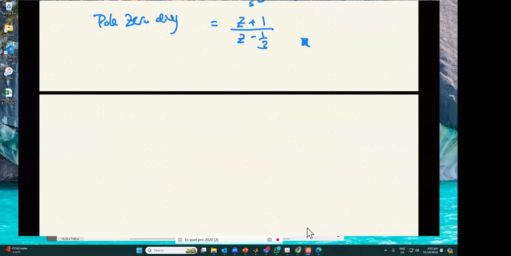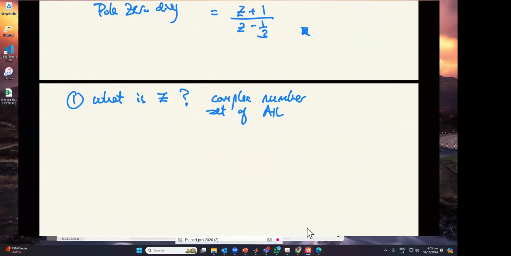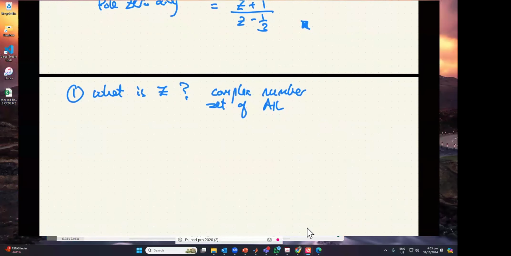First and foremost, guys, what is z? Anyone? Complex. So z is a complex number, from the set of all complex numbers. When I say z, I mean you can use any z in the world that you like.